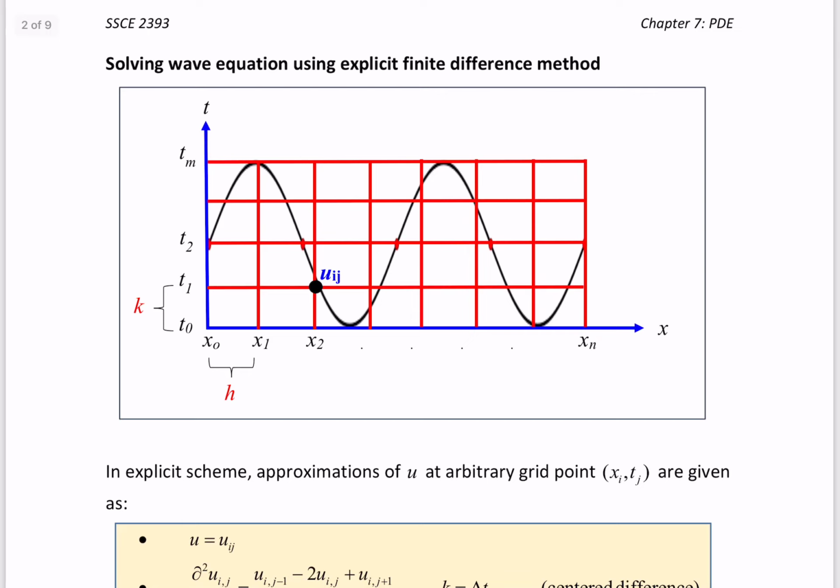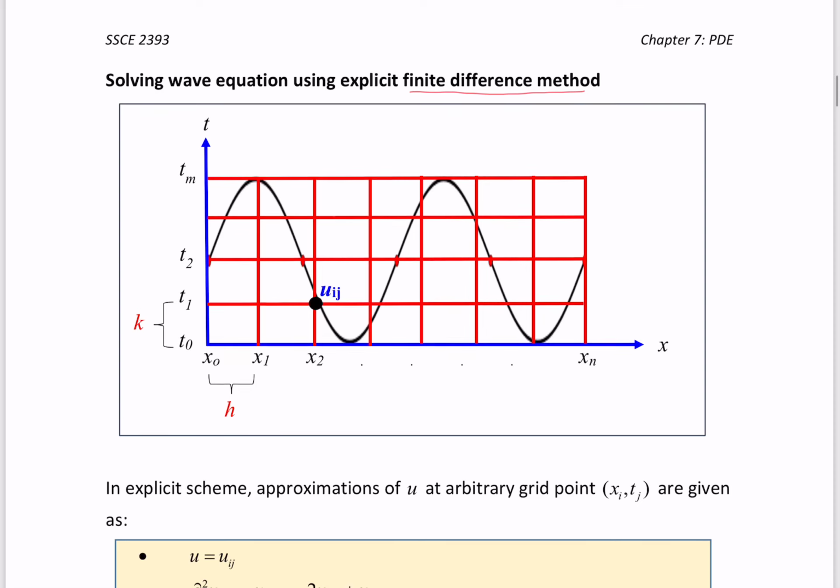And then our focus is on solving this wave equation by using the explicit finite difference method. And as you know, our finite difference method is based on a rectangular grid. If you have a domain, and then we put on top of your domain the rectangular finite difference grid, you can see this is what it looks like, the picture that you can see now.